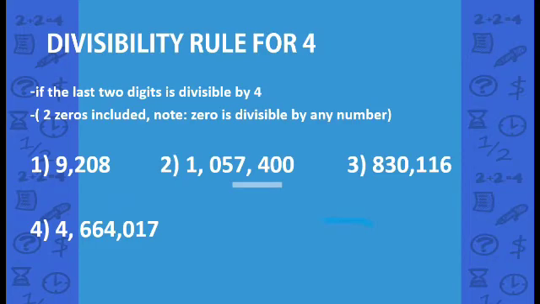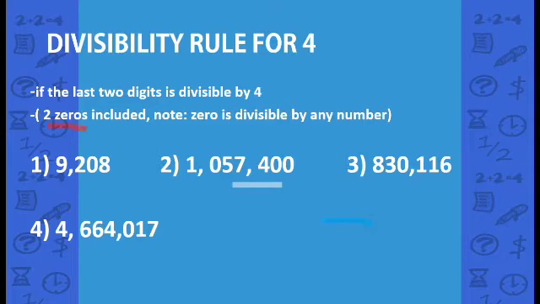Let us start on divisibility rule for 4. How can we know if the number is divisible by 4? First, if the last two digits is divisible by 4. Titingnan lamang natin ang huling dalawang digit. Kung ang huling dalawang digit ay ma-divide natin sa 4 at ang makukuha nating sagot ay full number or exact number o walang remainder, then that number is divisible by 4.